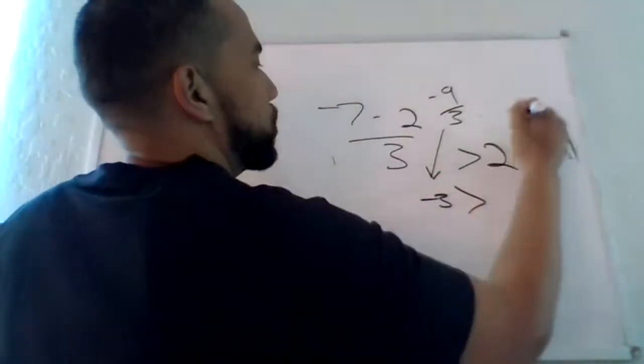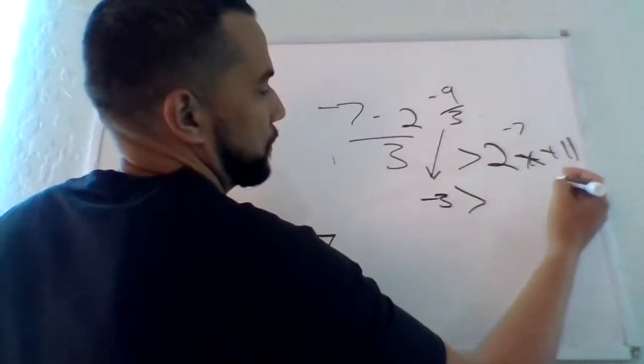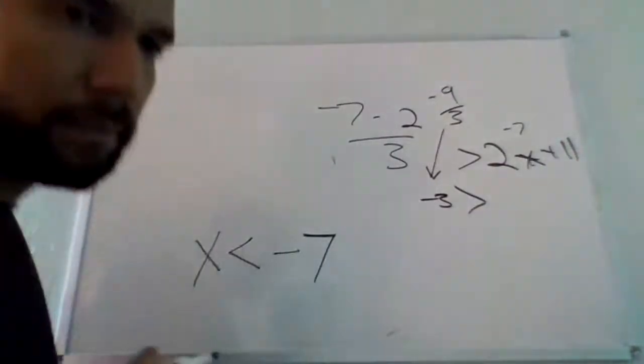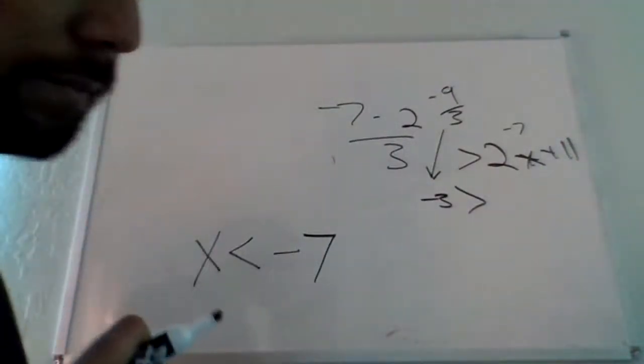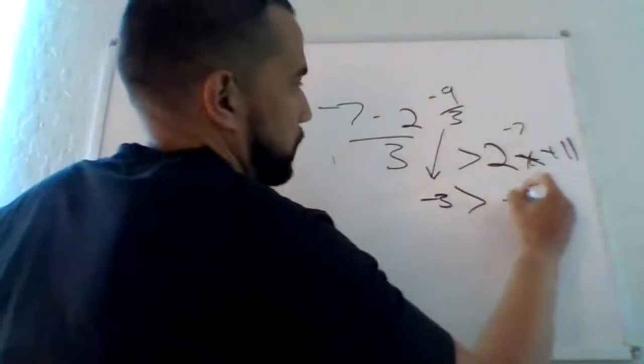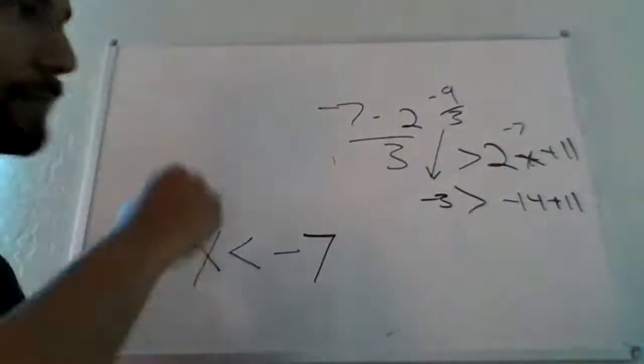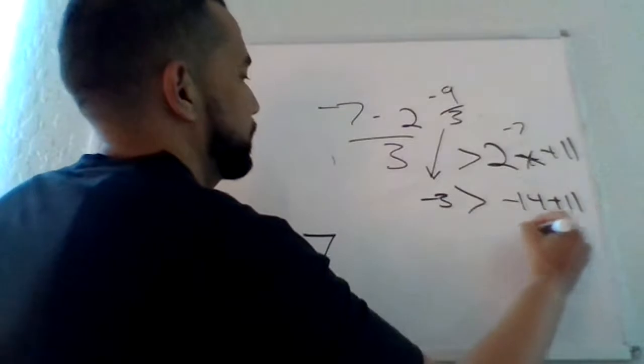So 2 times negative 7 is negative 14. Negative 14 plus 11 is negative 3.